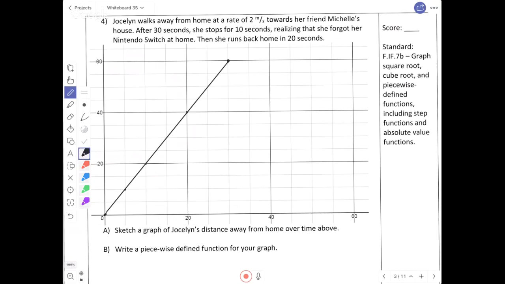Oh no. Stop. There's Jocelyn not getting any closer or further away from home for 10 seconds. And then she runs back home in 20 seconds. Back home in a mere 20 seconds.